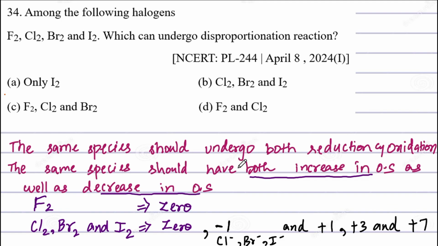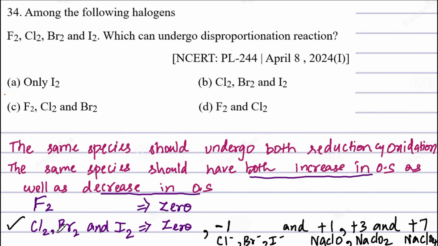For example, chlorine will show a +1 oxidation state in sodium hypochlorite NaClO, a +3 oxidation state in sodium chlorite NaClO2, and a +7 oxidation state in sodium perchlorate NaClO4. So in these compounds, chlorine, as well as bromine and iodine, will show a positive oxidation state.